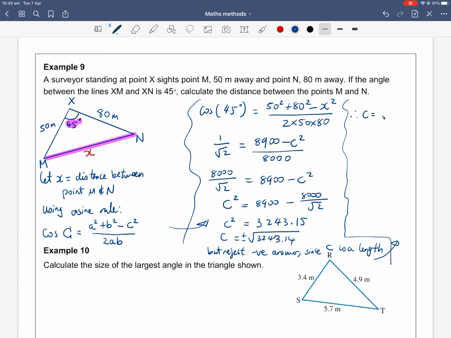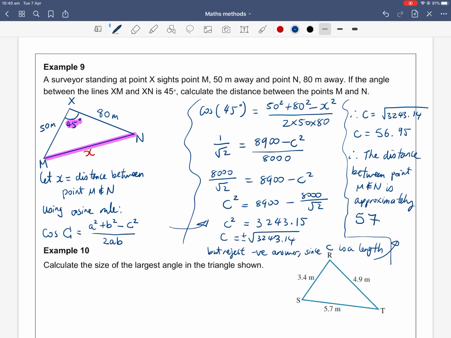So therefore C is the positive square root of 3243.14, which if we use a calculator is approximately 56.95. So therefore the distance between point M and N is approximately, rounding appropriately, 57 meters.